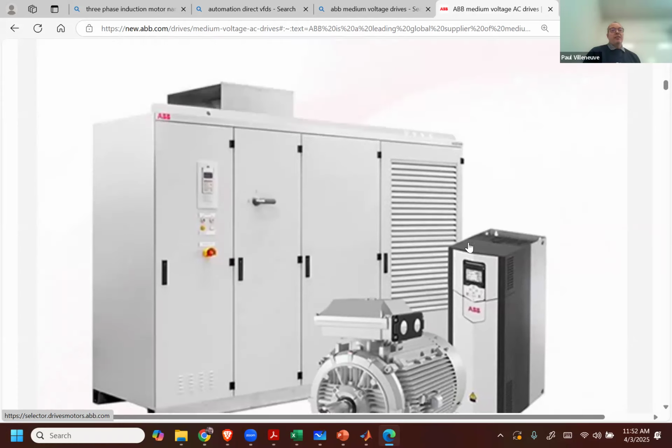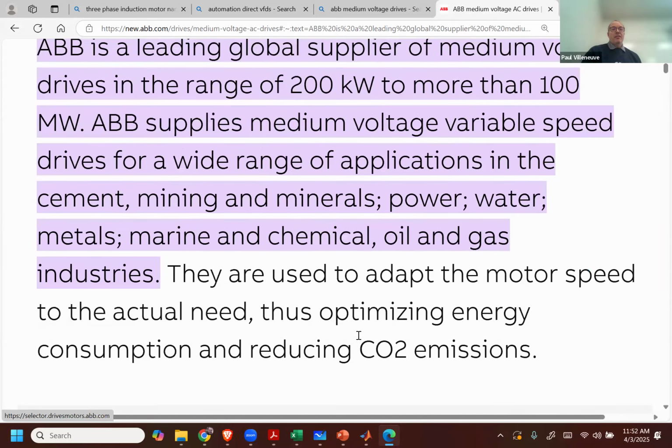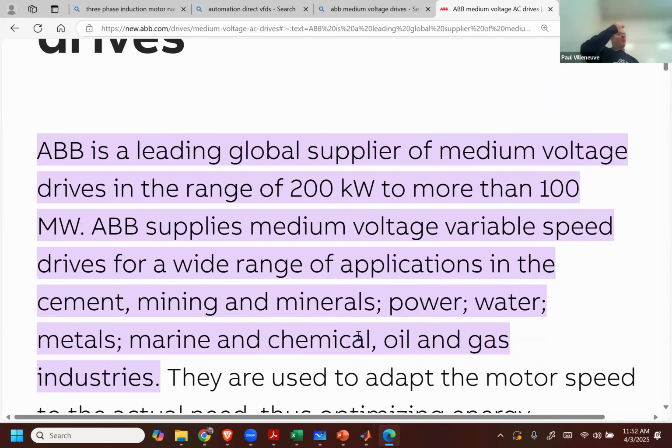These variable frequency drives can go more than 100 megawatts. So if you needed to start a big gas turbine, you could go to ABB and buy a medium voltage drive, because they have the capability for it. Not saying it's cheap, but you can buy them.